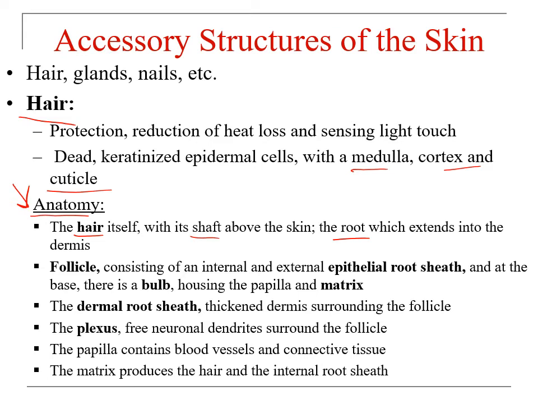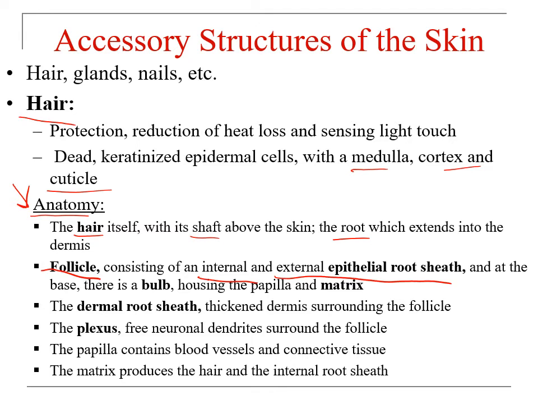Surrounding the root of the hair is the hair follicle. Here we have the hair follicle, which is made up of the external epithelial root sheath and the internal epithelial root sheath.